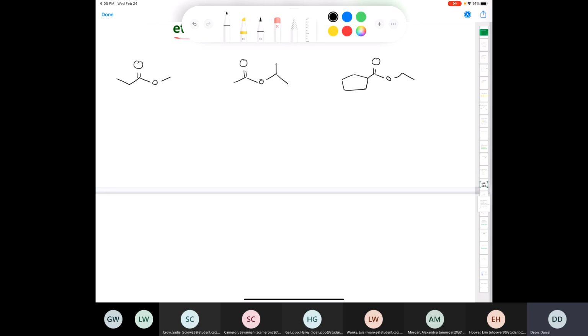Methyl propanoate, absolutely. So tell you what we'll do here, and we're going to do even more work. We're going to do IUPAC names, and we're going to try and do common names too, because you can do both for an ester. Let me show you what I mean.